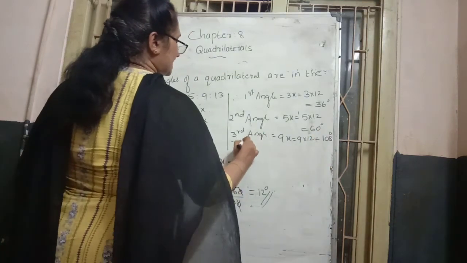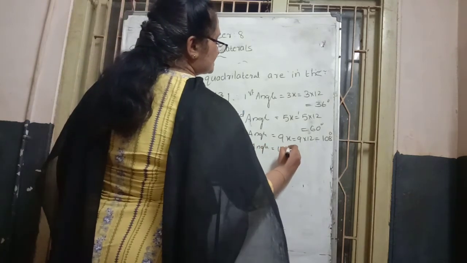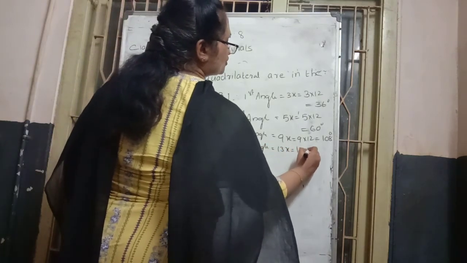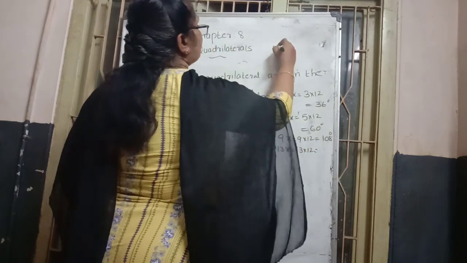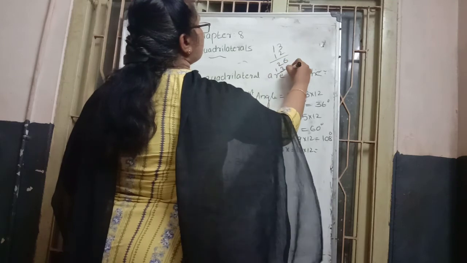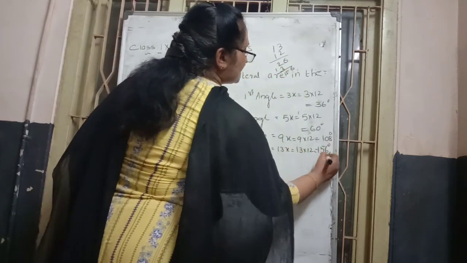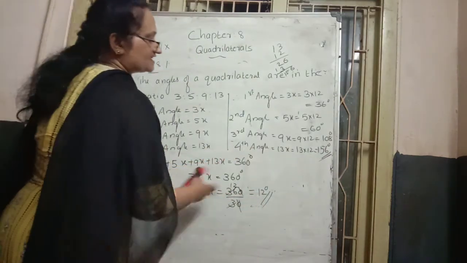The fourth angle is 13x, so 13 into 12 is 156 degrees. This is the meaning of that question.